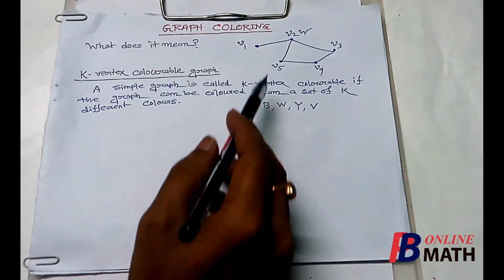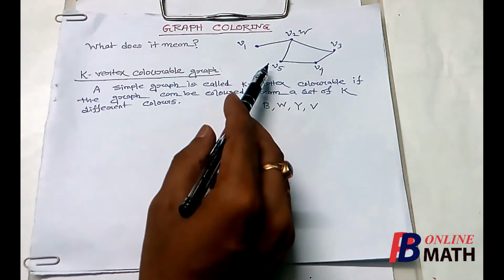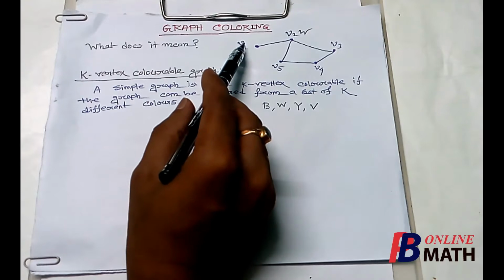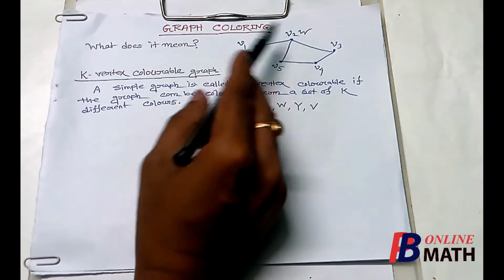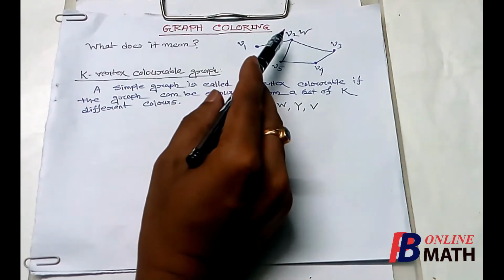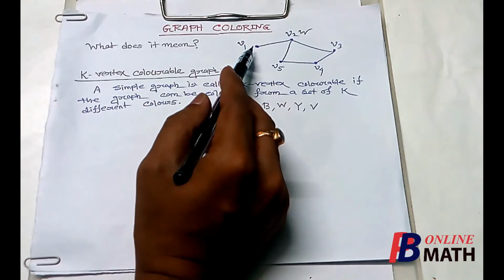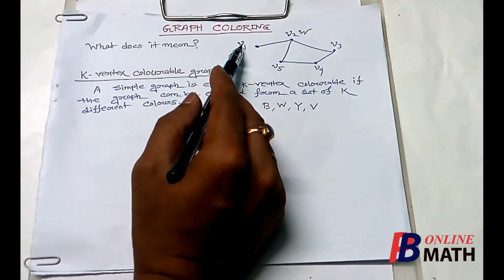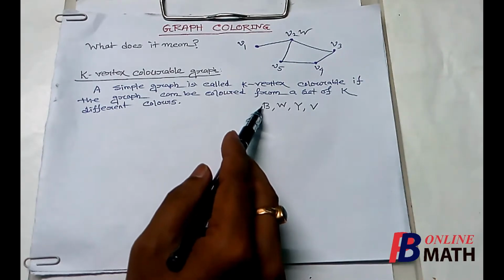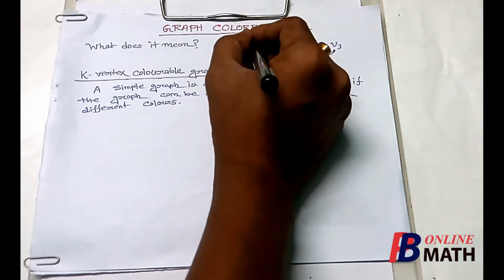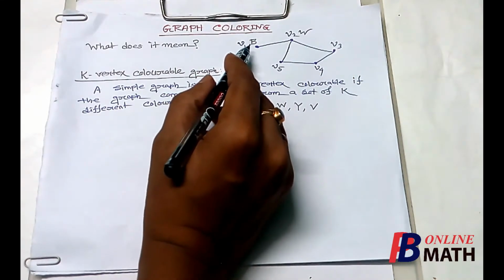Then by the definition the vertex V1 cannot be assigned the same color white because V1 and V2 are adjacent vertices. So we have to assign a different color to V1. Suppose we assign the color blue to V1.